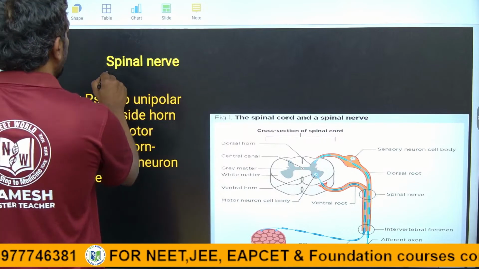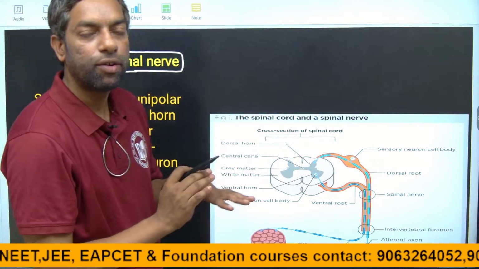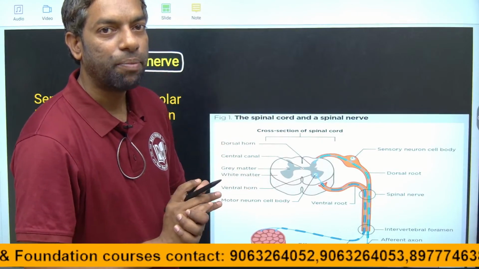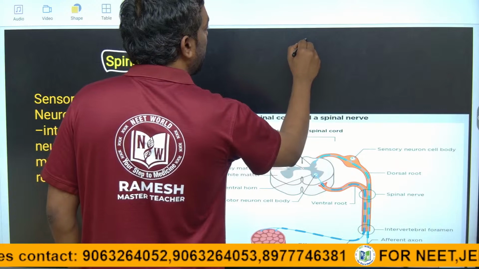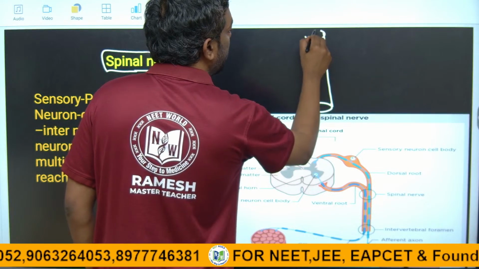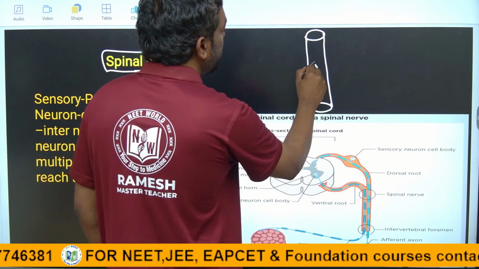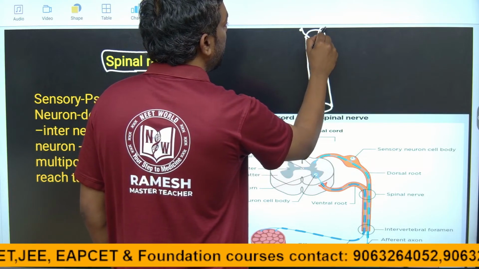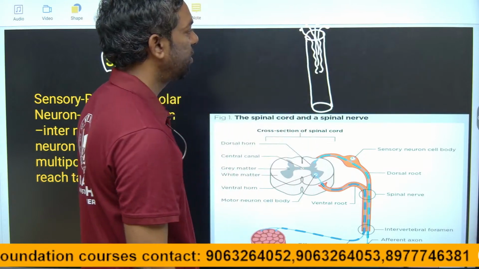Spinal nerve. The spinal nerve is related to the peripheral nervous system, and the spinal cord nerve is connected to the peripheral nervous system. Okay? Yes. This is the spinal cord, guys. The spinal cord gives information to the brain like this. Any information first goes from the peripheral nervous system to the spinal cord.